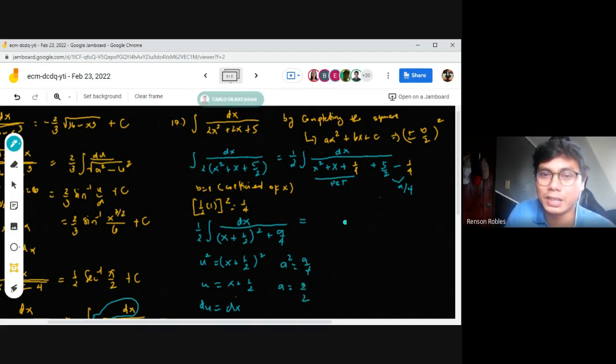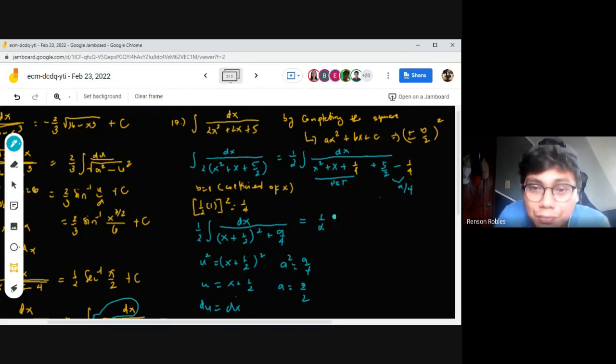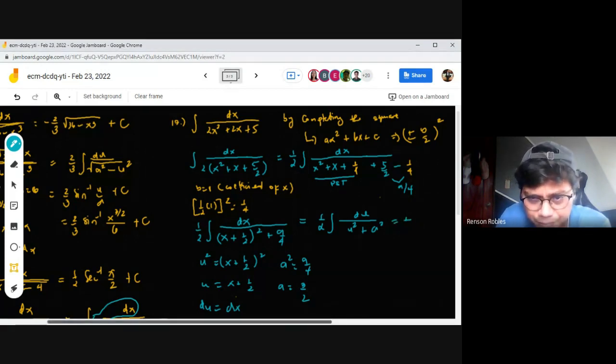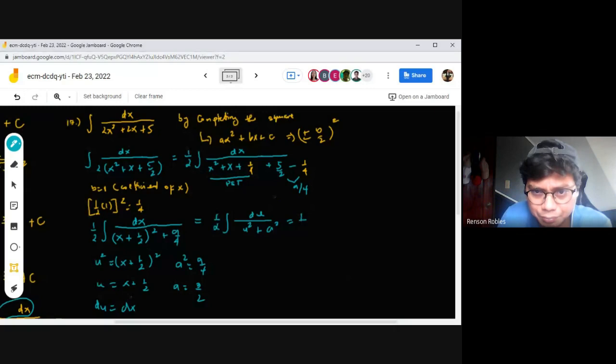And we can now plug it here. 1/2 integral of dx is our du all over. Then x plus 1/2 square is your u square plus 9/4 is your a square. And then you now have 1/a arctangent u over a plus c.